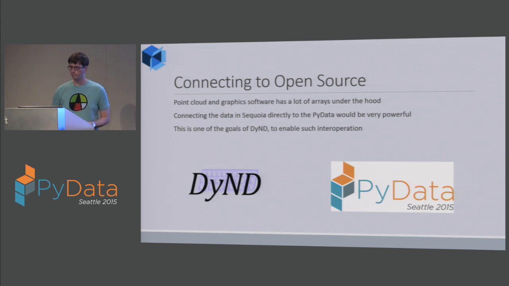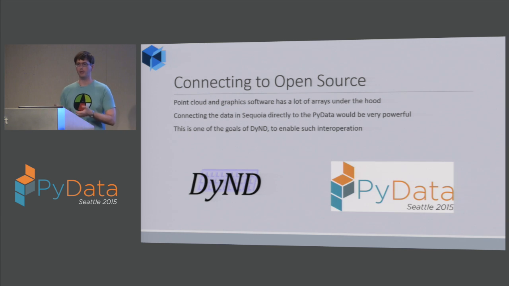I'm going to finish up talking just a little bit about how this connects to open source. The Dyn library is a project I've started that is like NumPy, but is a pure C++ library. It lets you define dynamically typed arrays, and it has some goals of connecting that kind of data between software languages, and between commercial and open source software.